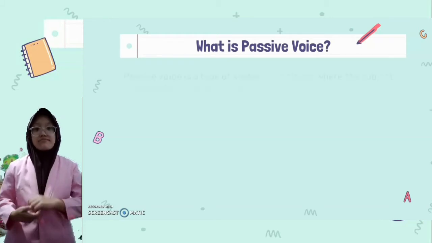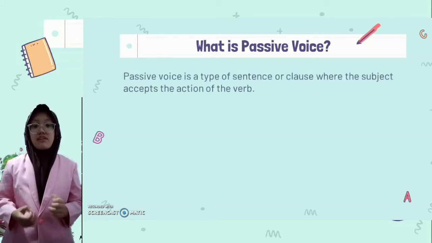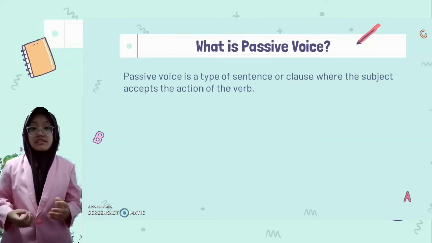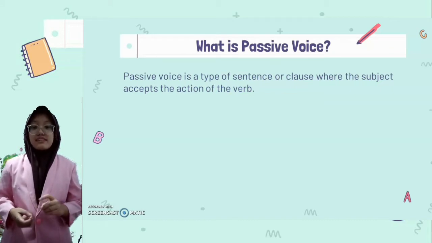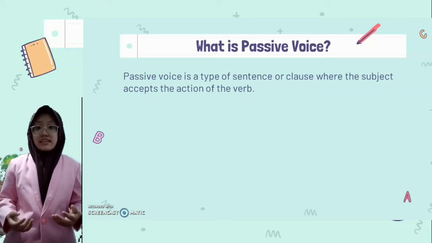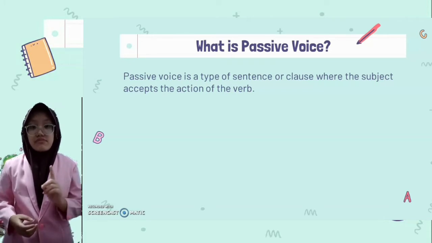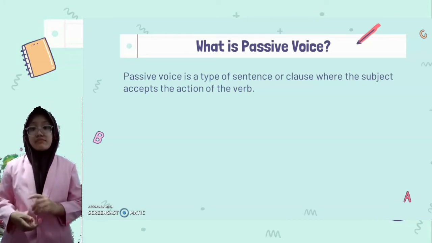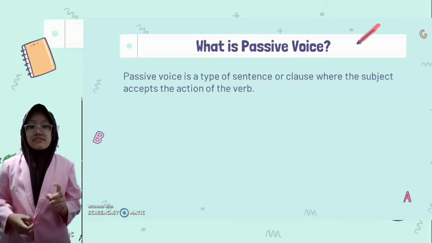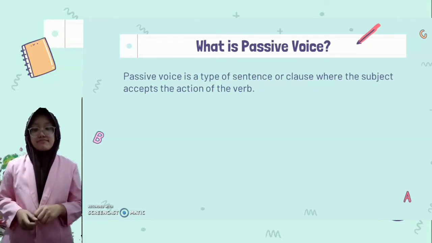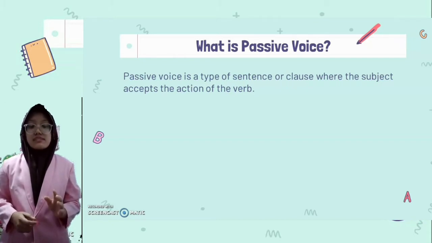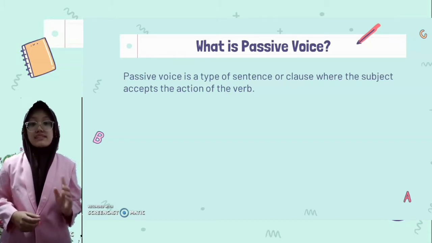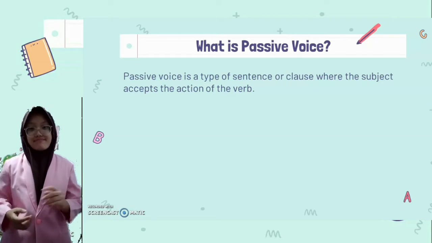Okay, so passive voice is a type of sentence or clause where the subject accepts the action of the verb. In passive voice, the subject doesn't perform an action, but receives an action. Unlike the active voice, where the subject acts as the actor of the action.